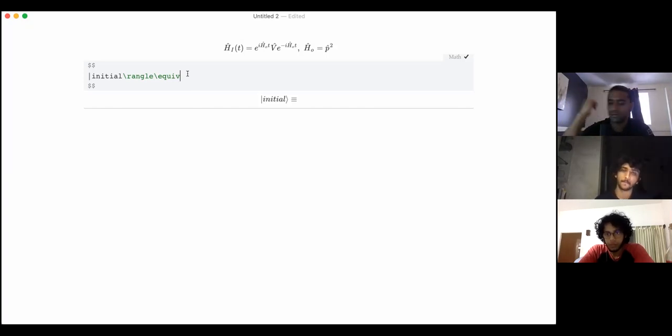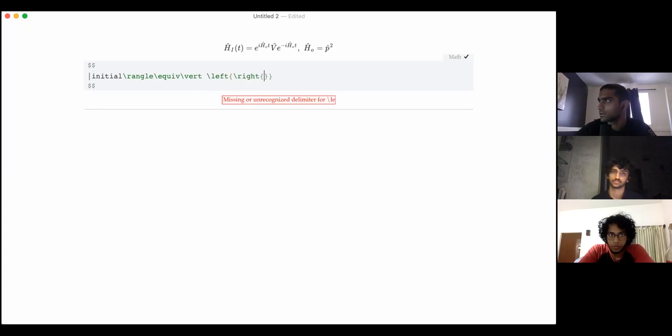So if I take this state, which is some momentum, there's some set of momenta, some number of particles, and it sits at time 0.